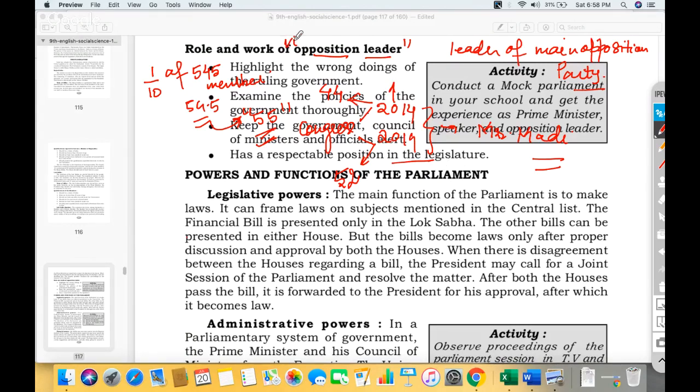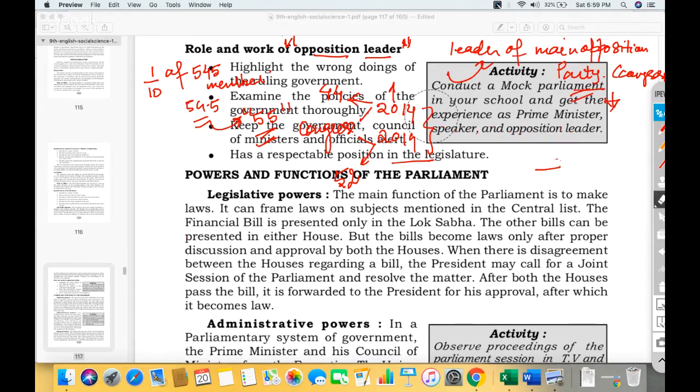So opposition leader is not there, but leader of main opposition party is there. So main opposition party is Congress. So they have selected among themselves Mr. Adhir Ranjan Chaudhary. He is currently leader of main opposition party.